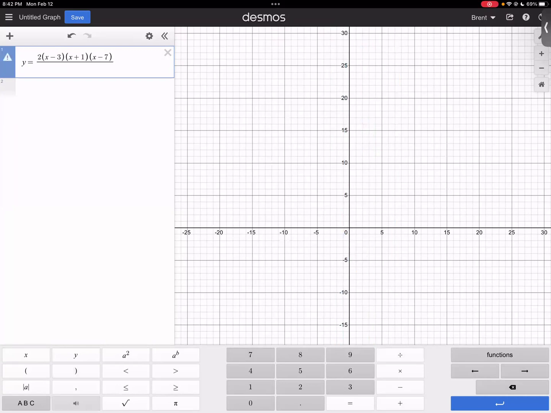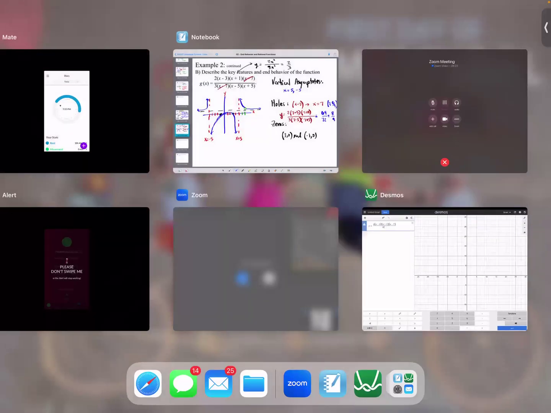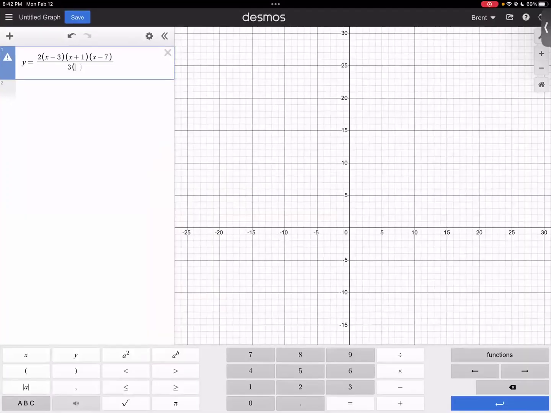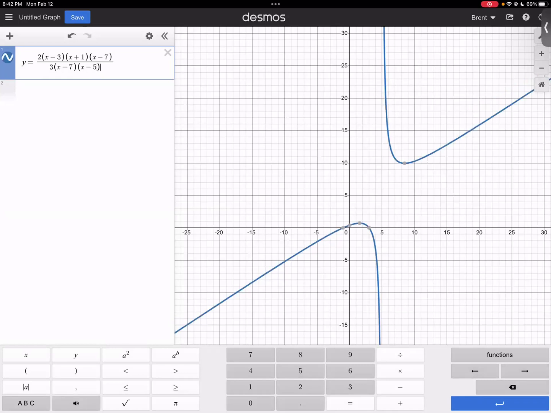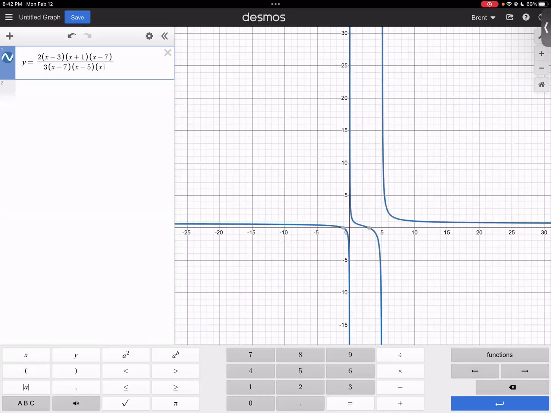All that divided by 3 times x minus 7, x minus 5, x plus 5. Whoops, it is 8, x minus 7, x minus 5, and x plus 5.